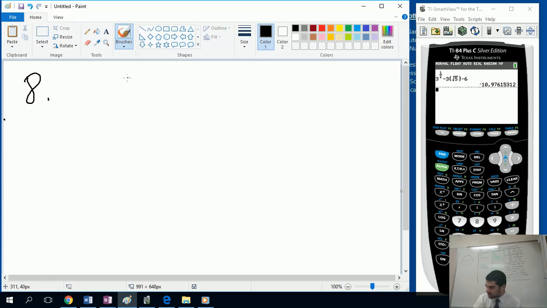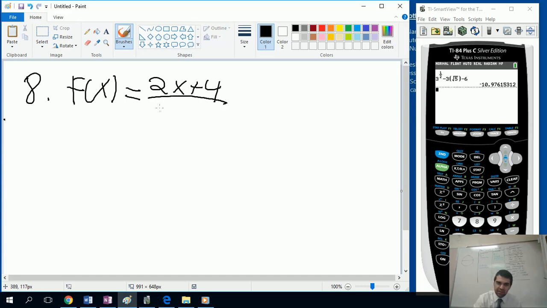8. Given that f of x is equal to 2x plus 4 over 3x minus 5, find the inverse and determine whether it's 1 to 1. So let's find the inverse.